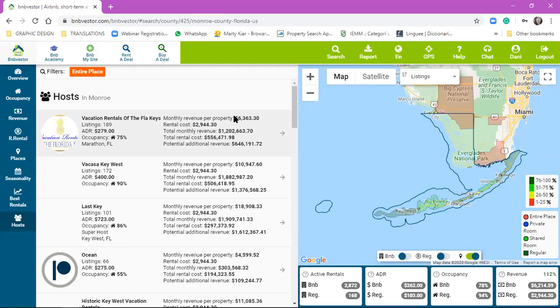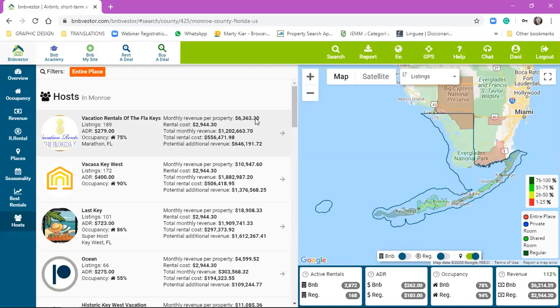Now it divides it into monthly revenue per property. This is average, so it's going to be $6,363, with a rental cost of $2,944. But the total monthly revenue is going to be $1,202,000.